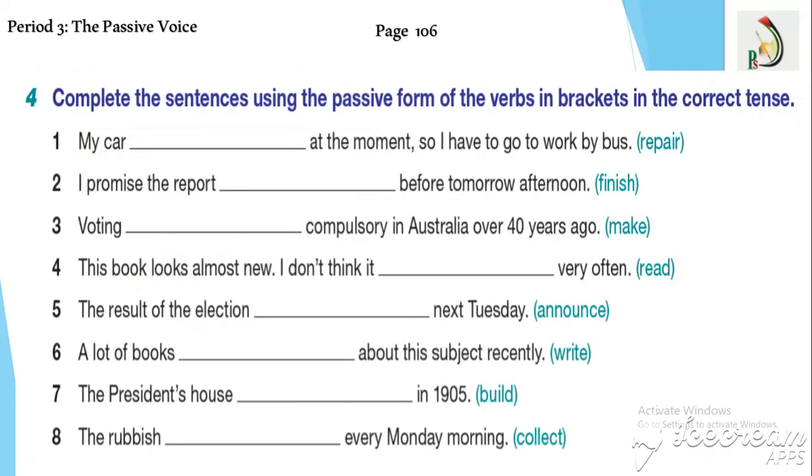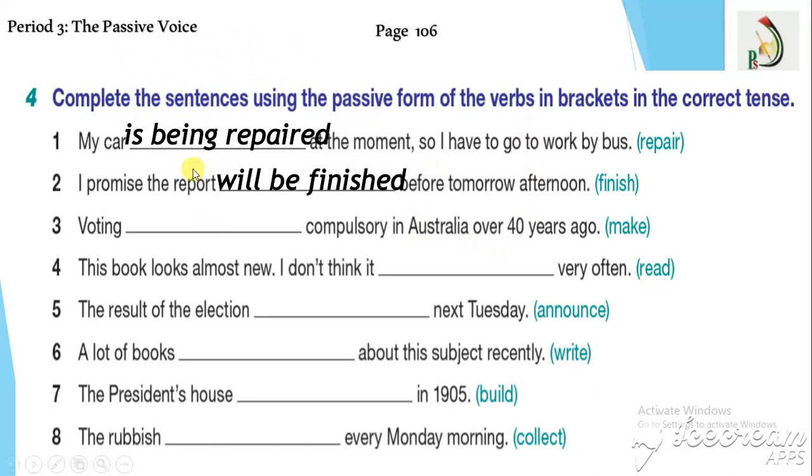Here we have to complete the sentences using the passive form of the verbs in brackets in the correct tense. My car at the moment, so I have to go to work by bus. My car is being repaired at the moment. I promise the report will be finished before tomorrow afternoon.